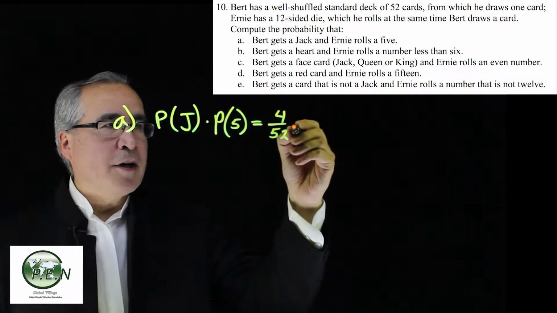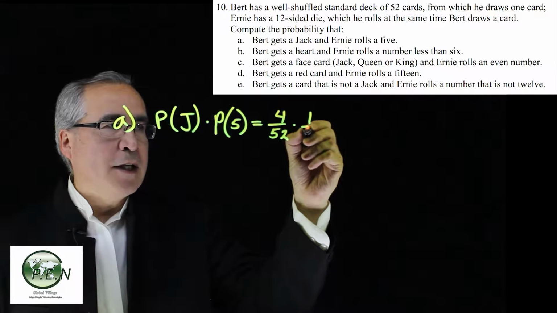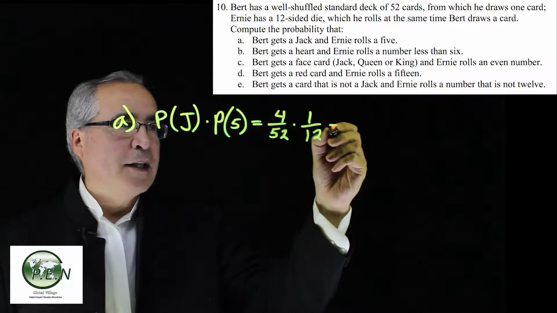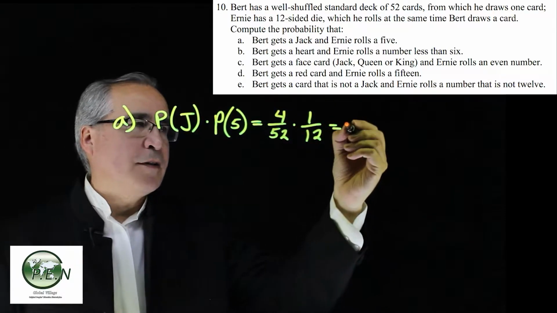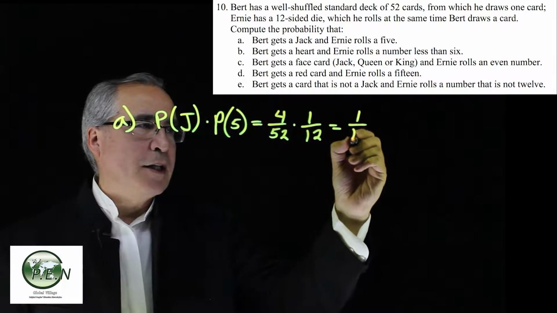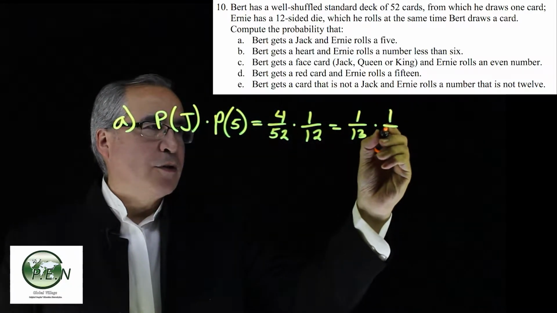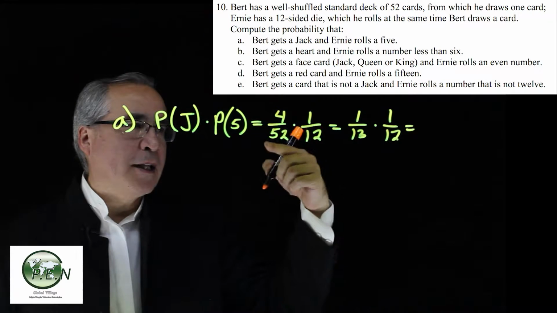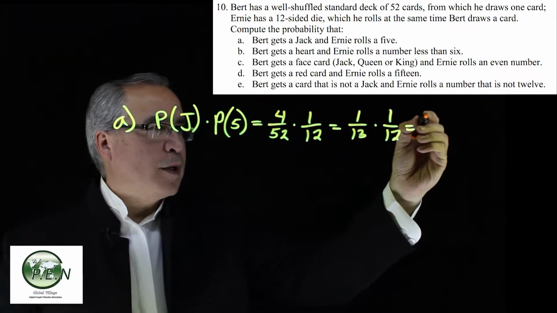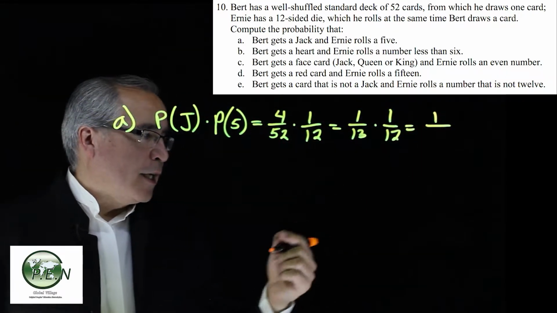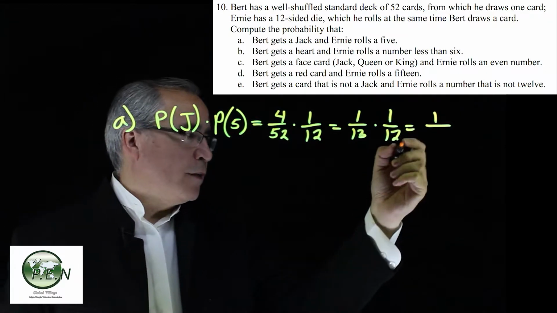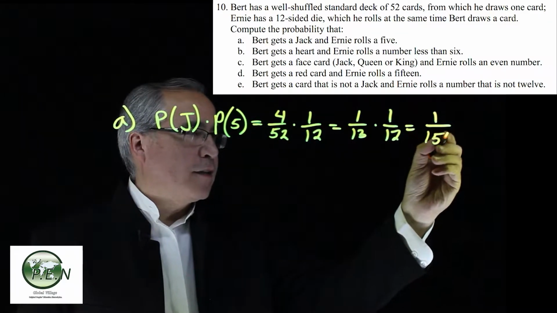How many 5s are on a 12-sided die? There is 1 out of 12. And we reduce the 4/52 down to 1/13 times 1/12. And when we multiply this together, 1 times 1 is 1. 13 times 12 is 156.